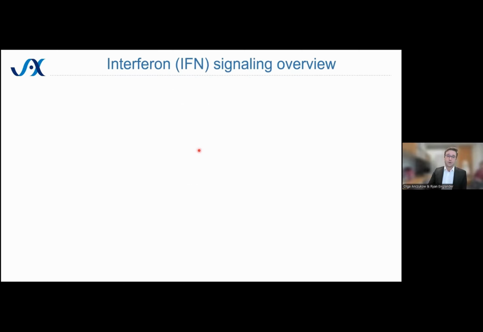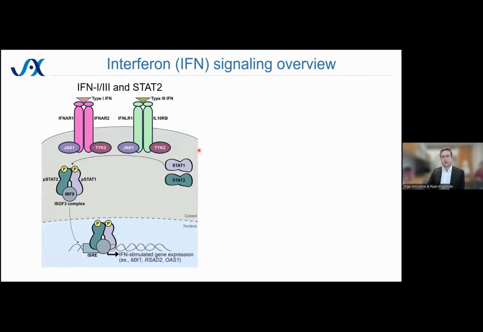resistance. And so just by way of quick overview into what the interferon signaling pathways are, the interferons are a family of cytokines, most of which are in the interferon type 1 or type 3 families. And these are produced very rapidly after viral infection.